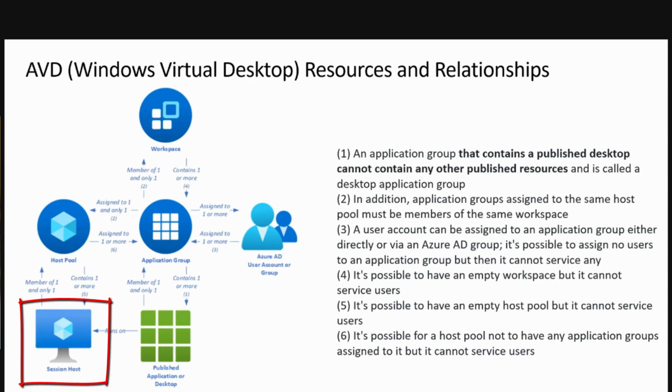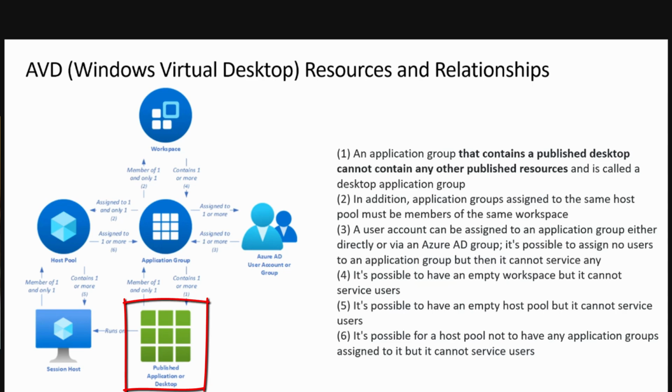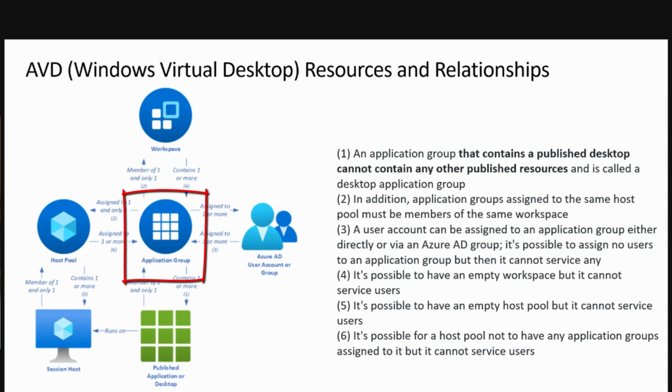And what we publish, either the desktop, which is at the bottom, or the application, is defined in an application group, right? We can either publish the session host desktop or the applications on top of it, not both at the same time, right?